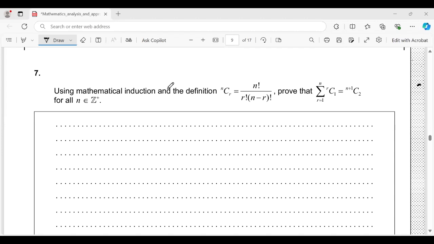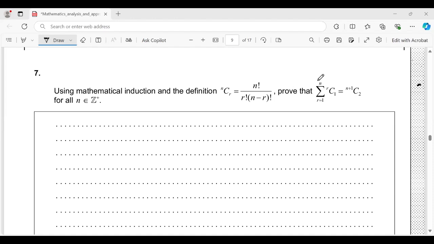Number 7, using mathematical induction and the definition of combination, the combination n r equals n factorial over r factorial multiply n minus r factorial.